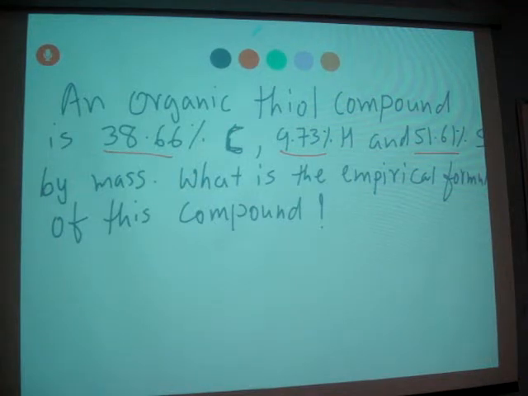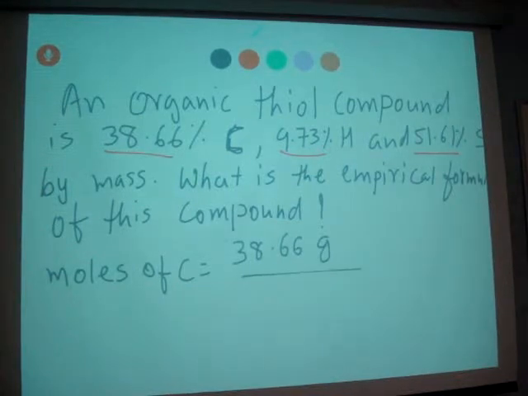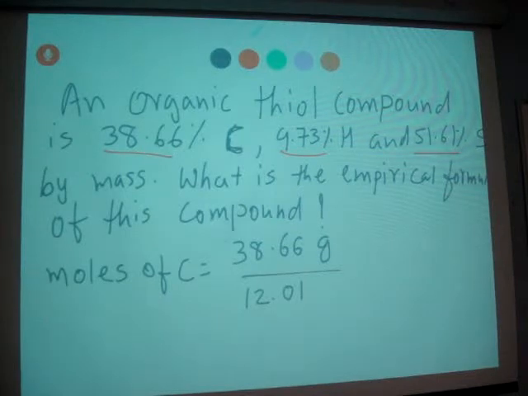So when we find out moles of carbon, we can take 38.66 grams of carbon divided by its mass, which is what? 12.01, and you can find out moles of carbon. Then we can find out moles of hydrogen.